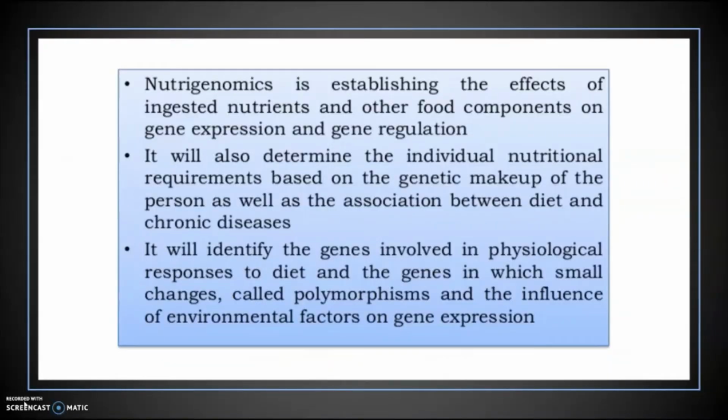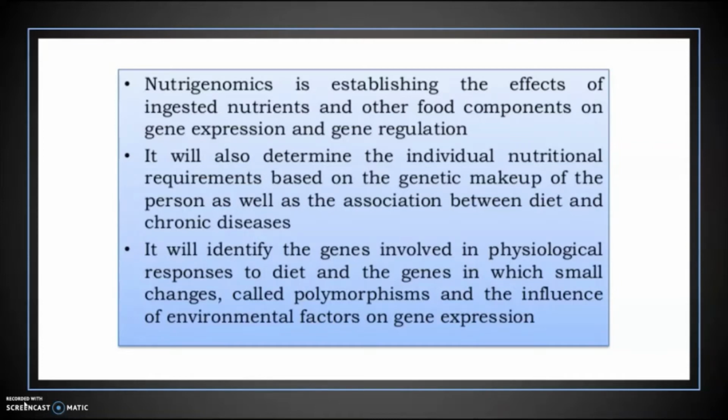Next, nutrigenomics is establishing the effects of ingested nutrients and other food components on gene expression and gene regulation. It will also determine the individual nutritional requirement based on the genetic makeup of the person as well as the association between diet and chronic disease. So this nutrigenomics will identify the genes involved in physiological responses to diet and the genes in which small changes called polymorphisms occur, and the influence of environmental factors on gene expression.